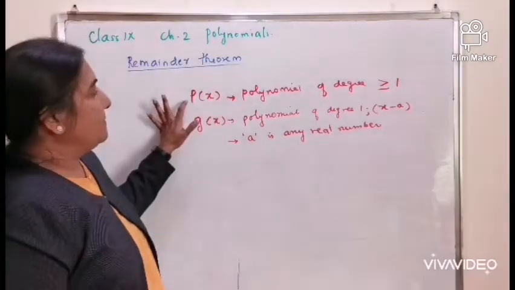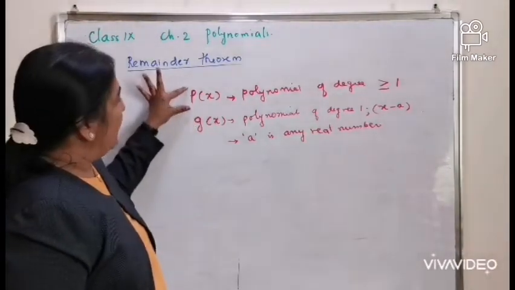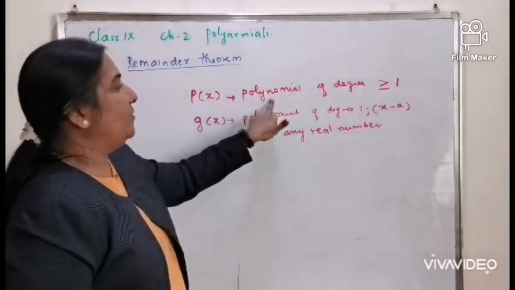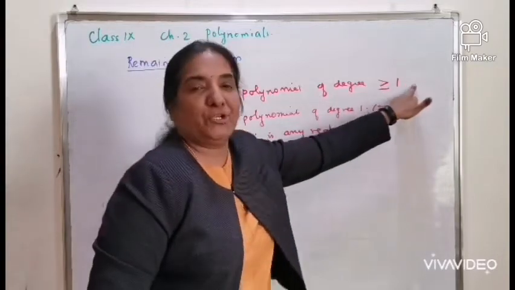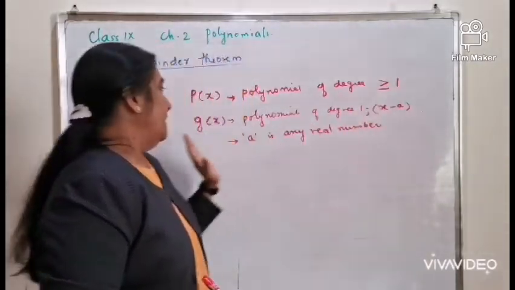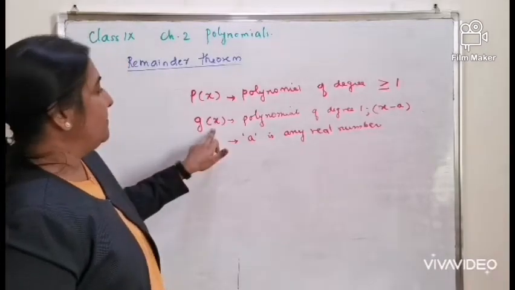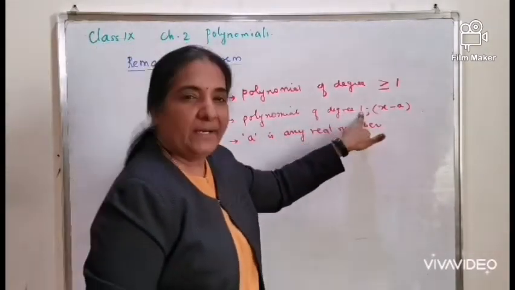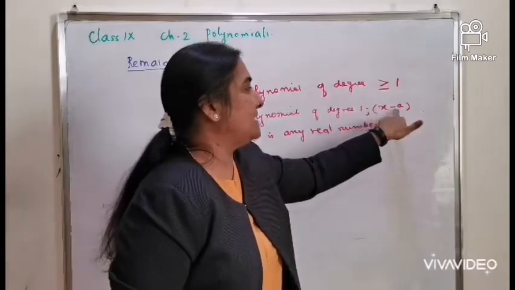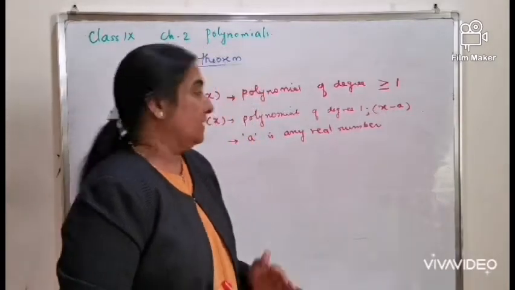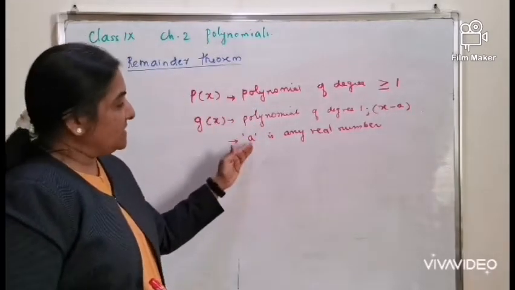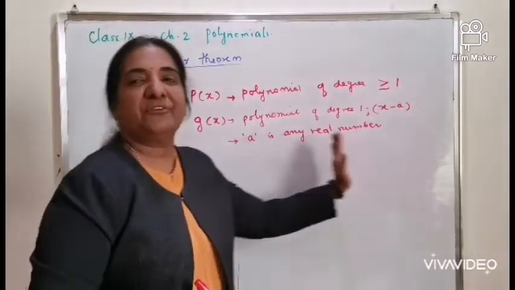The remainder theorem states that let p of x be a polynomial of degree greater than or equal to 1. Let this polynomial be divided by another polynomial g of x of degree 1, of the form x minus a, where a is any real number.